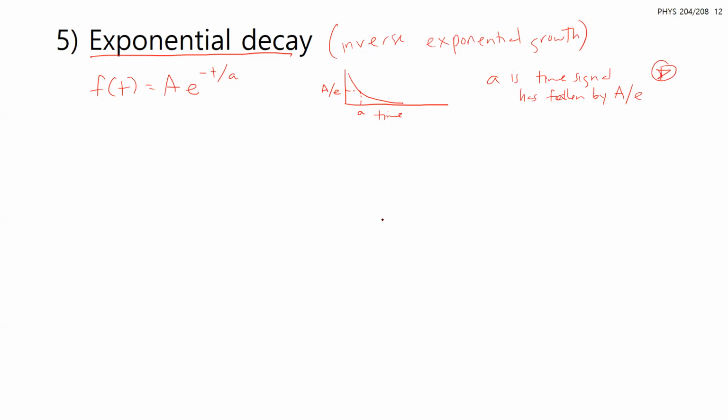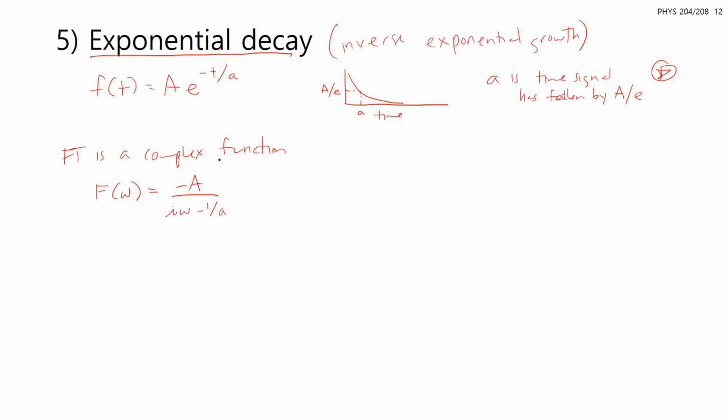So if we did the Fourier transform, again, I'm not going to go through the derivation of this. It results in a complex function. Complex meaning that there's an imaginary term, that if we do the Fourier transform, we get capital F of omega is going to be negative capital A over i omega minus 1 over a.